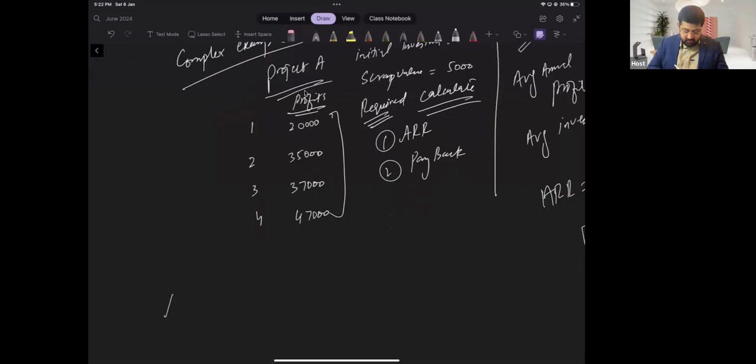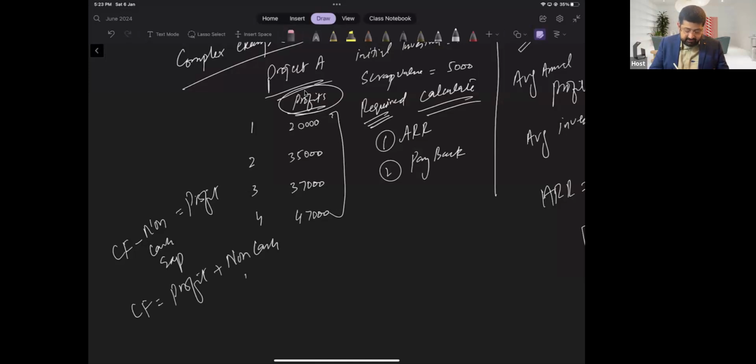So what is the annual depreciation charge? Okay, before that, for payback we need cash flows. Here, profits are given. We need cash flows. So we know that cash flow minus non-cash expense is equal to profit. We have learned it a few minutes ago. So if we need cash flow, it means profit plus non-cash expense. Simple as that.